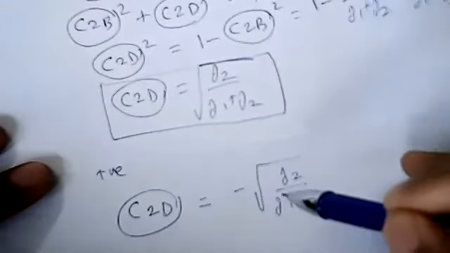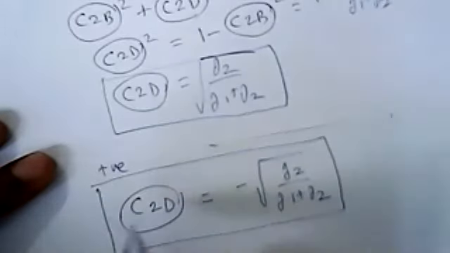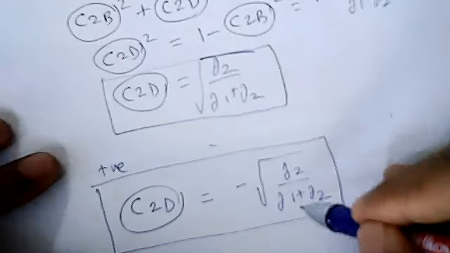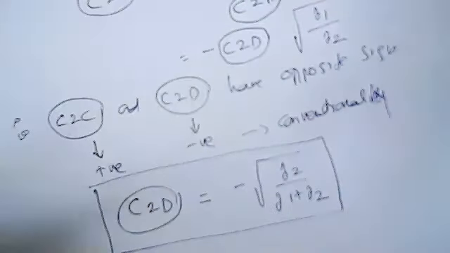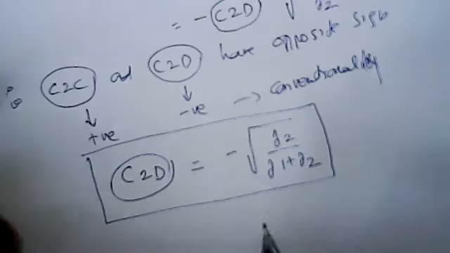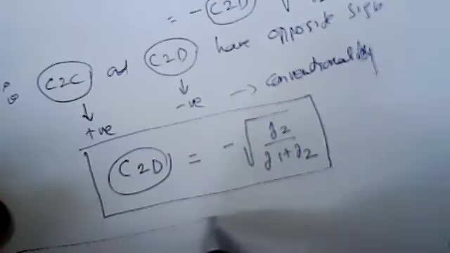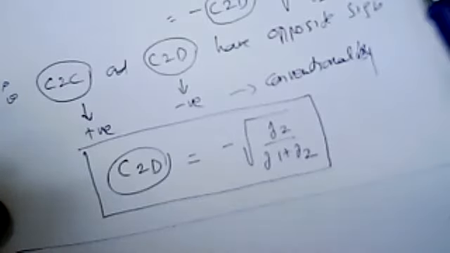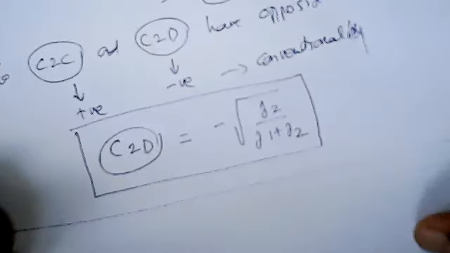So this is the final way of taking C2D. Okay, so we have calculated all the four coefficients for the first case, the 2 by 2 matrix. The values are almost like 1 with a negative sign.